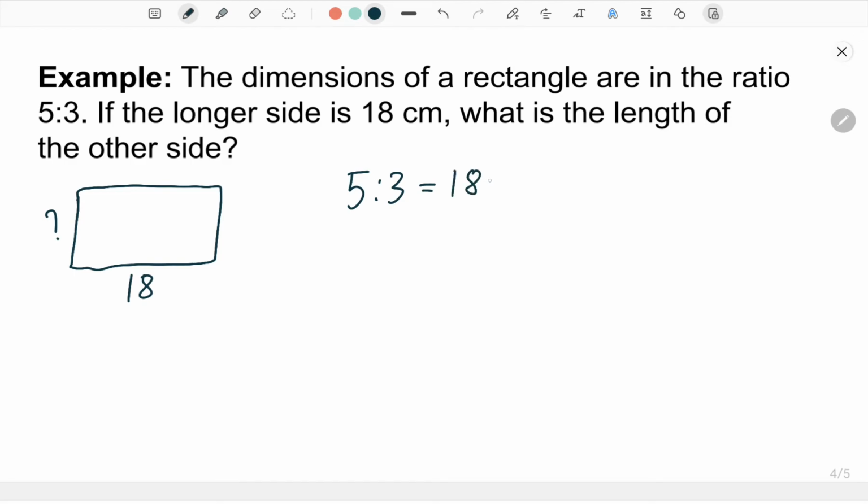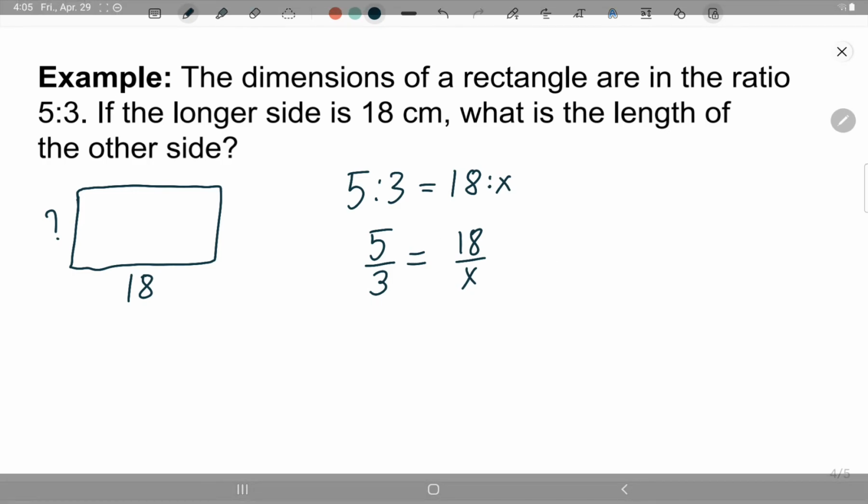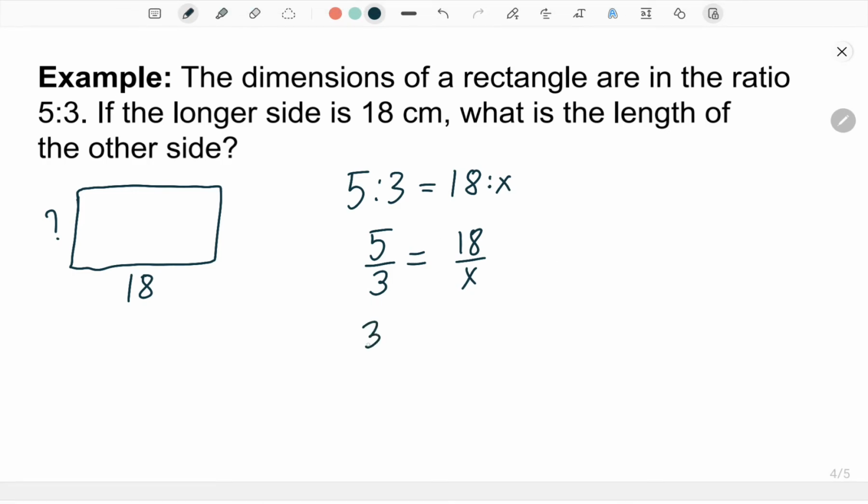So we can set it up as equal to 18 to some missing side length. This is what we call a proportion, where we're setting ratios equal to each other. And we can write them down as fractions. We'd likely want to have our unknown variable on the top. So we can rewrite this as 3 over 5 equal to x over 18.